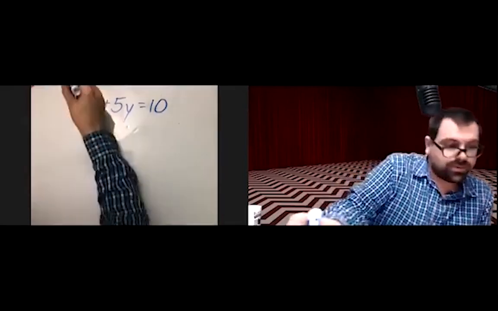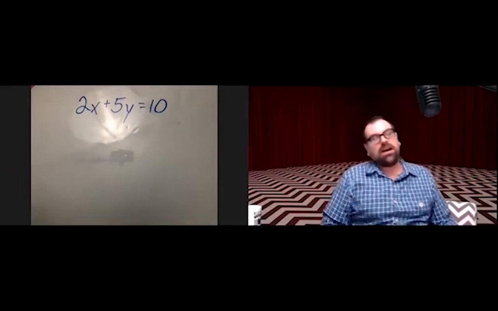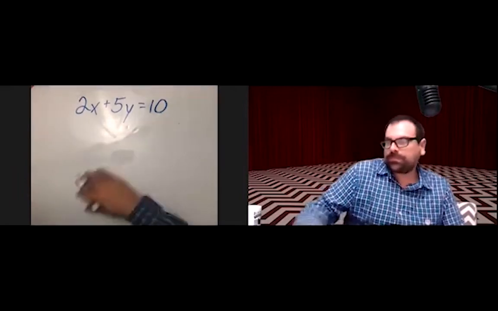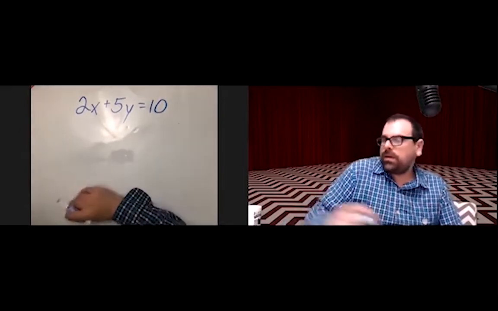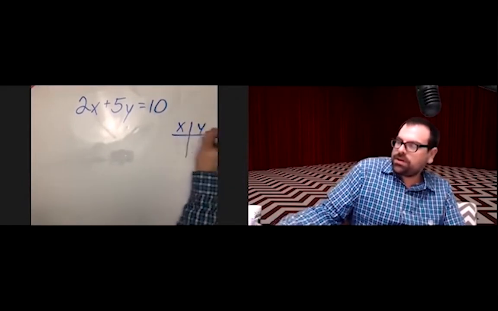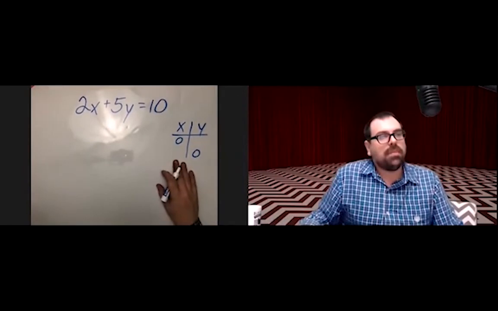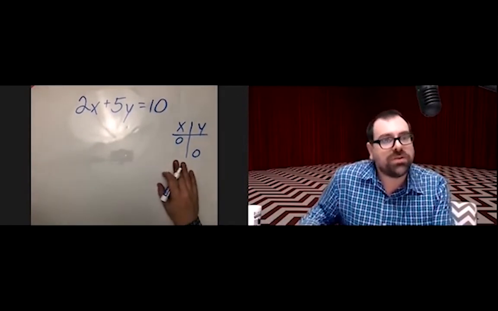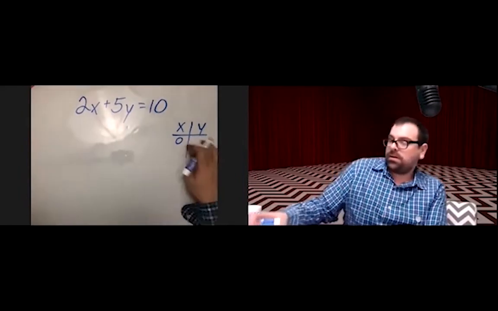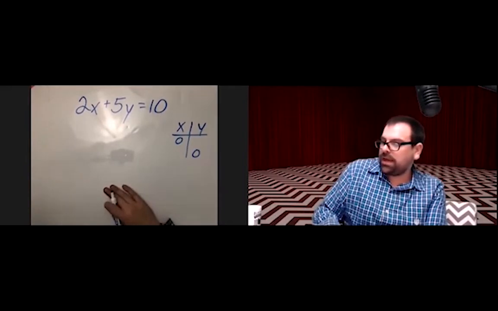I want to do 2x. 2x plus 5y equals 10. Let's plot using intercepts. So we want to find the 2 points. My old high school Algebra 2 instructor used to call this the googly eyes method. 0 for x, 0 for y, like a pair of googly eyes.